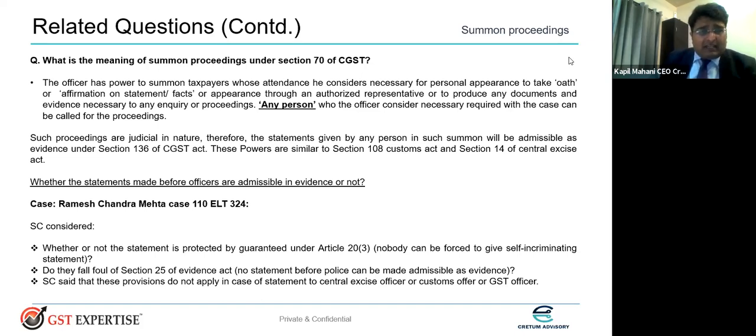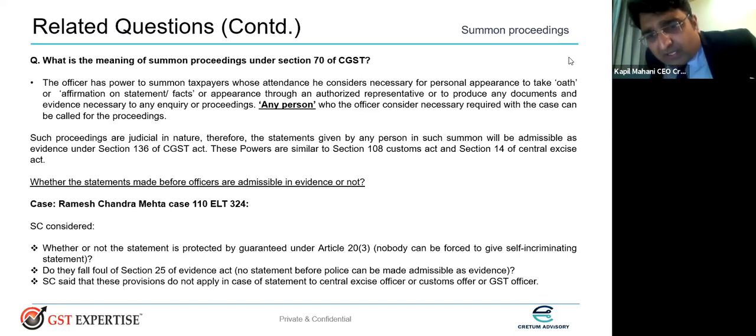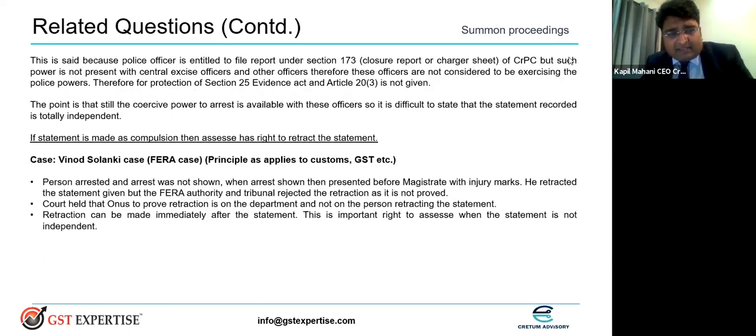So the first question is whether, if you provide any statement in response to the summon, that can be used as evidence against you or any other person. What is more important is that section 70 has to be read with section 136.